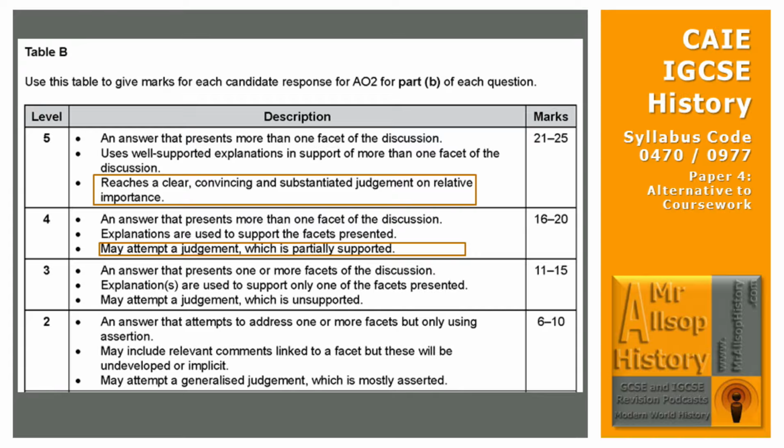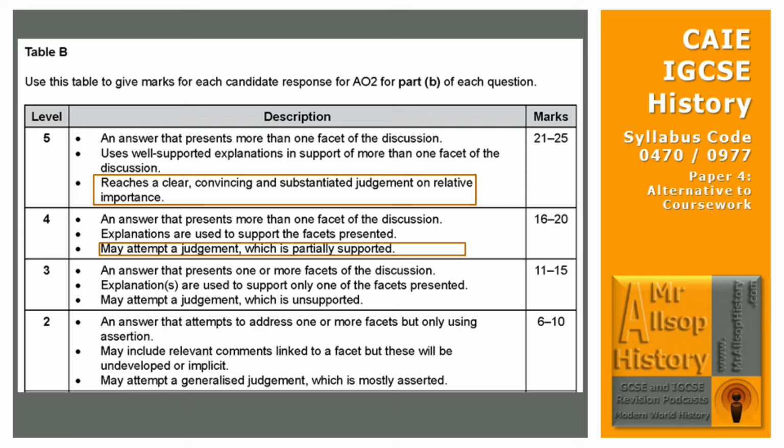While each of the named factors that we've considered did have a range of effects, a range of facets, it goes without saying that some effects or facets were bigger or more important than others. Evaluating this relative impact or importance of the different facets that you include helps to move your answer into the highest level on the mark scheme.